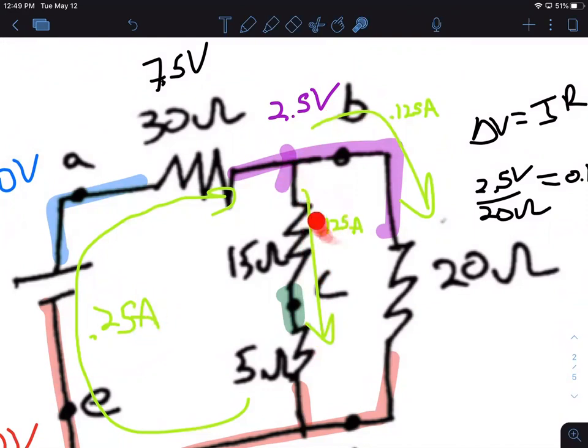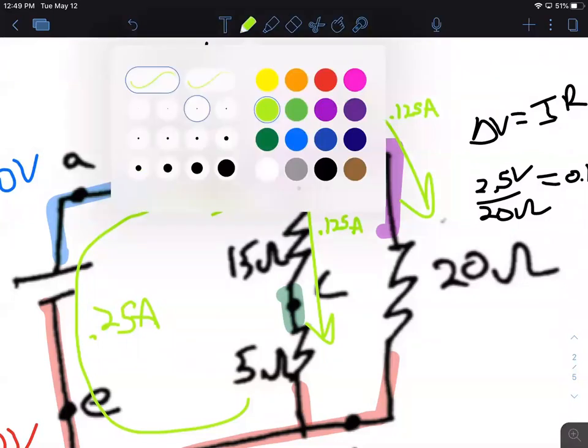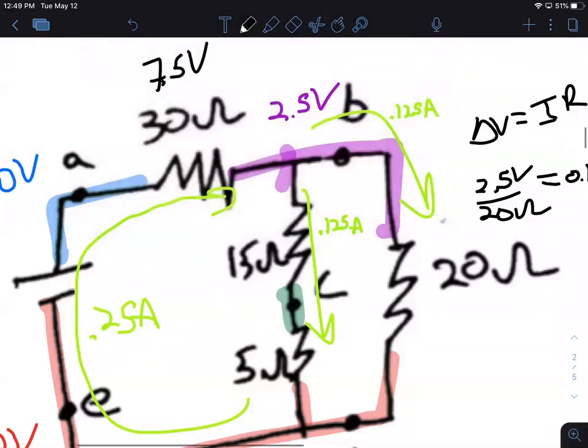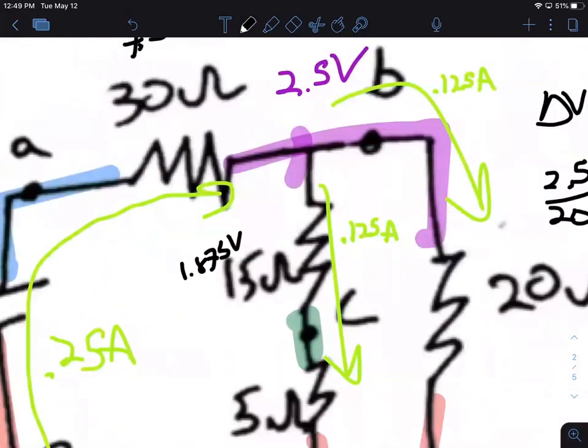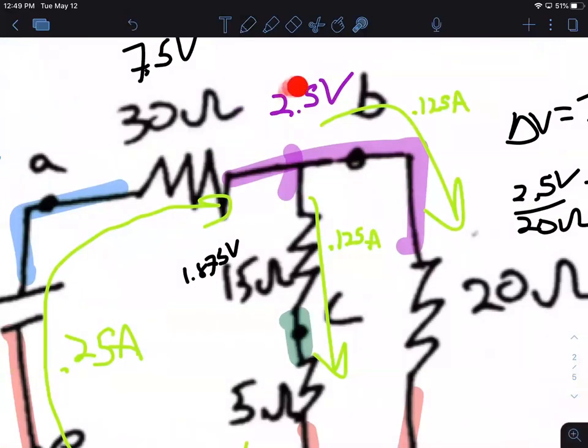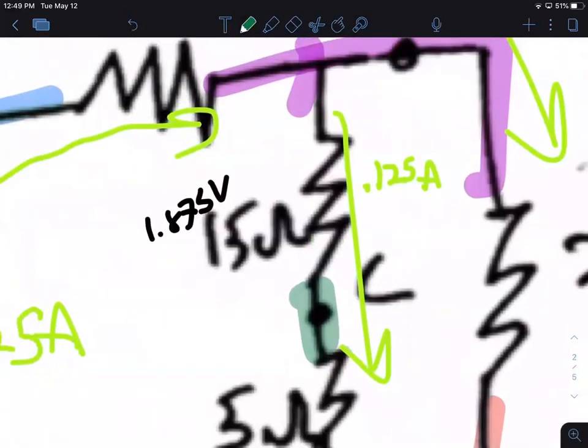All right, so knowing this, 0.125, 15 ohms, 0.125 times 15, 1.875. So this guy is changing the potential by 1.875 volts. So if I had 2.5, I lost 1.875. 2.5 minus 1.875, 0.625 in this green volts.